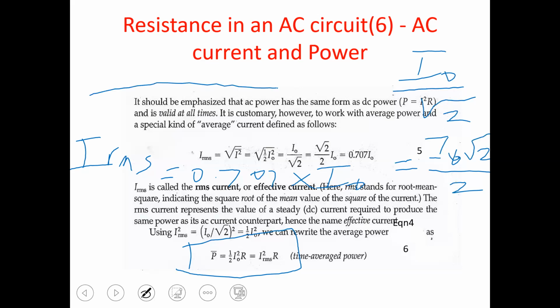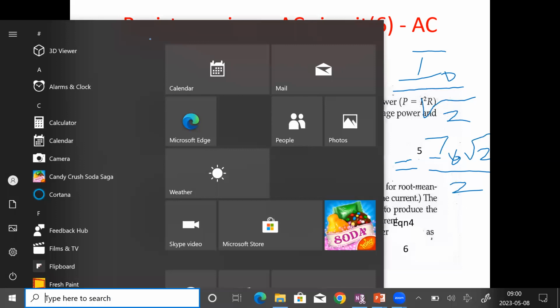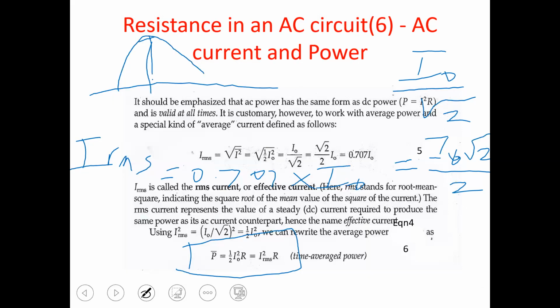The peak we should have will be V RMS times root 2, which we'll call the V naught.